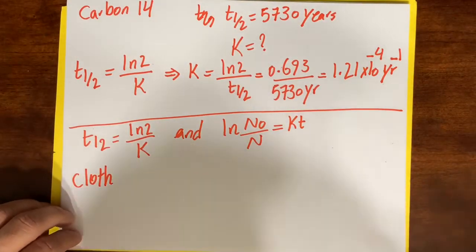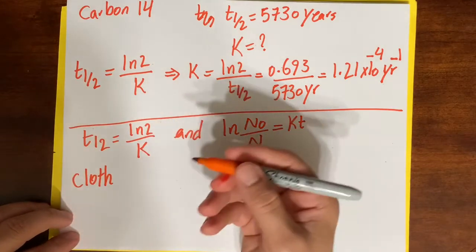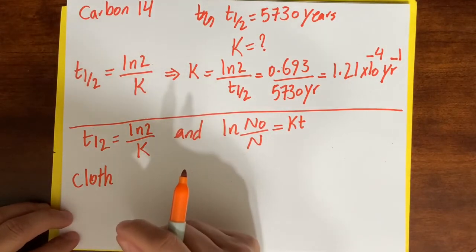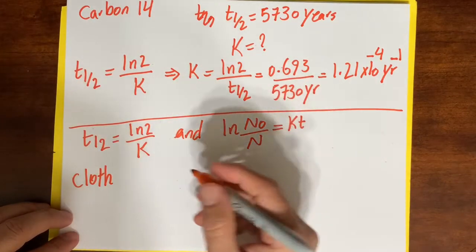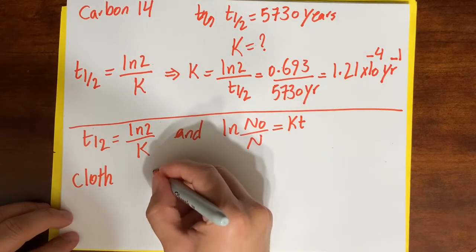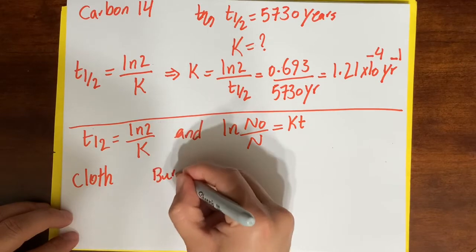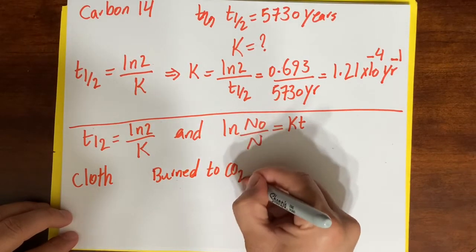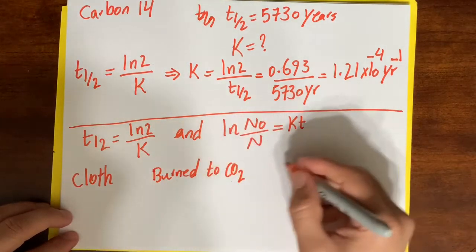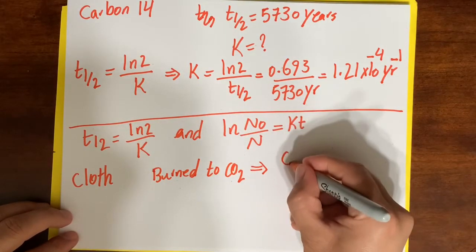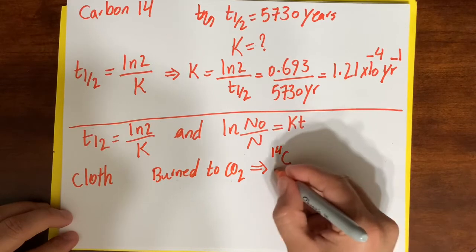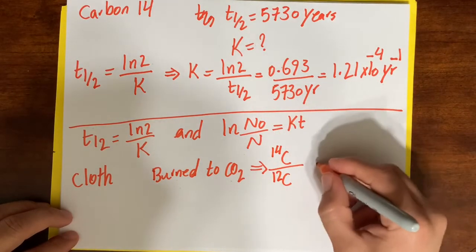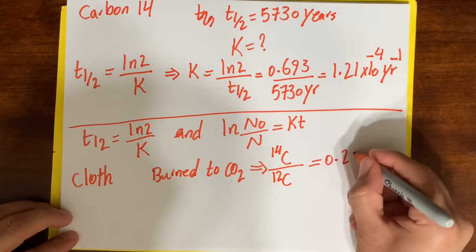And what we did, we burned it. We burned not the entire cloth, we burned a piece of the cloth, and we burned it to carbon dioxide. Then we got the ratio of carbon 14 over carbon 12, and the ratio is equal to 0.25.